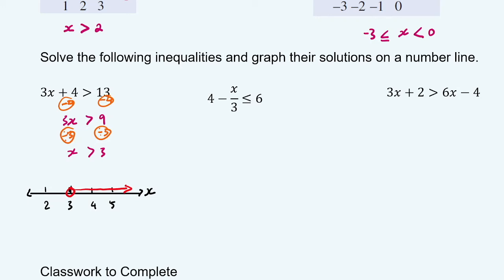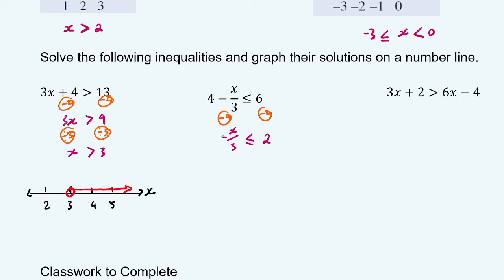In our next one, we're going to do exactly the same process. We're going to solve it like we're solving an equation. So I'm going to take 4. That's where I am at the moment. Now I need to multiply by -3.